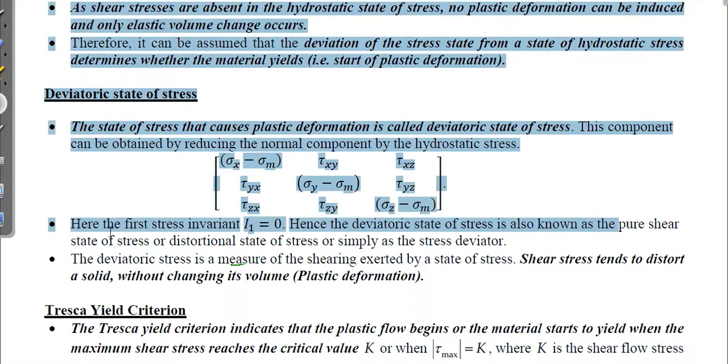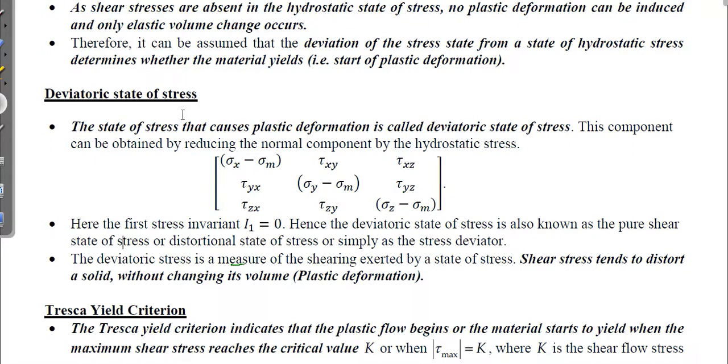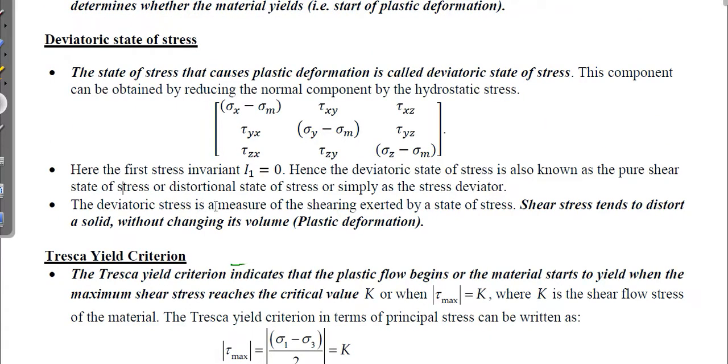This deviatoric stress is a measure of shearing exerted on the state of stress, just as the other was the measure of pressure. Shear stress tends to distort a solid without changing its volume. There will be no change in volume, only distortion of the shape, and that is known as plastic deformation.